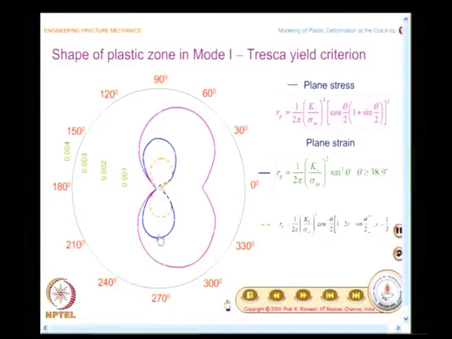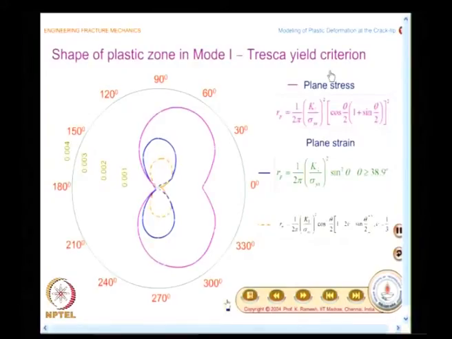Though this is an approximate shape, it gives you an insight that plastic zone size is very small in the case of plane strain, quite large in the case of plane stress. And when you change the yield criteria, there would be some small change in the shape, it is unavoidable. We have got this for the Tresca yield criterion.